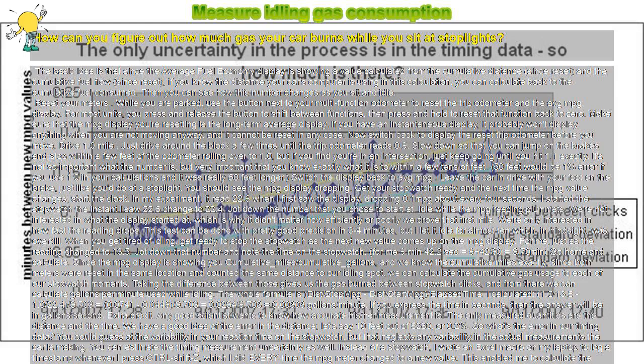Measure idling gas consumption. How can you figure out how much gas your car burns while you sit at stoplights?